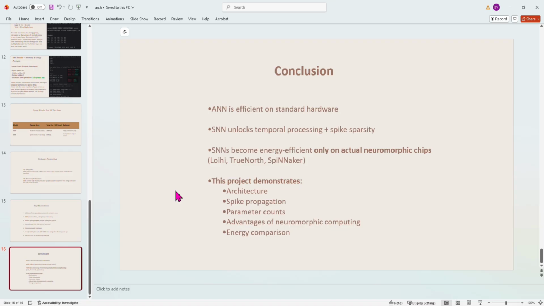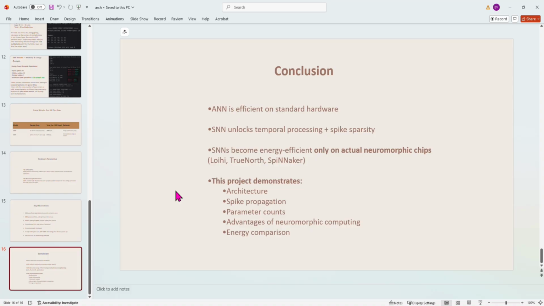They also produce sparse spikes, which means they compute only when needed. True efficiency appears only on neuromorphic chips. On normal CPUs, SNN looks expensive because it runs many time steps, but on neuromorphic hardware like IBM TrueNorth and SpiNNaker, spikes are extremely cheap. This is where SNNs show 100 to 1000 times more efficiency gains.